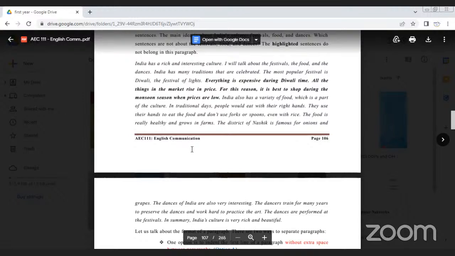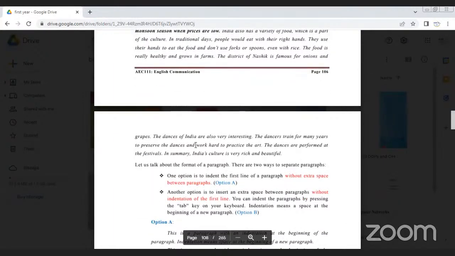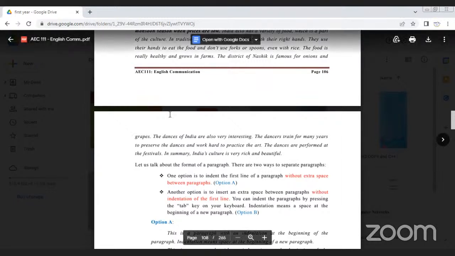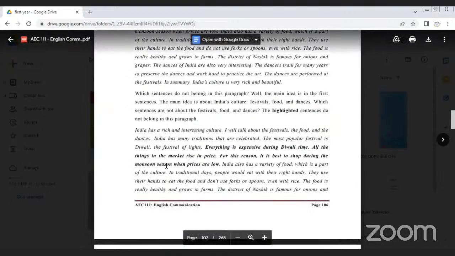The district of Nashik is famous for onions and grapes. The dances of India are also very interesting. The dancers train for many years to preserve the dances and work hard to practice the art. The dances are performed at the festivals. In summary, India's culture is very rich and beautiful.